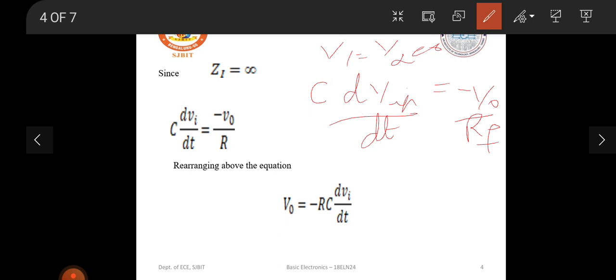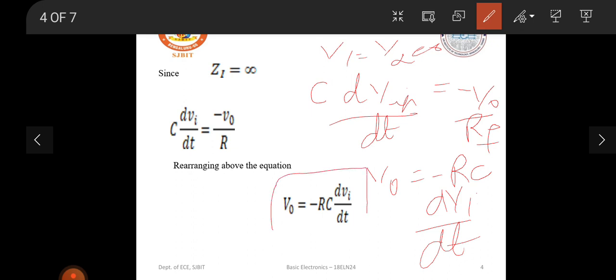Now I resolve this for the output voltage V0: V0 is equal to minus Rf C dVin by dt. This is the expression for the output voltage of the differentiator, which is one of the applications of the operational amplifier. We have seen many applications so far in the videos, like the summer.